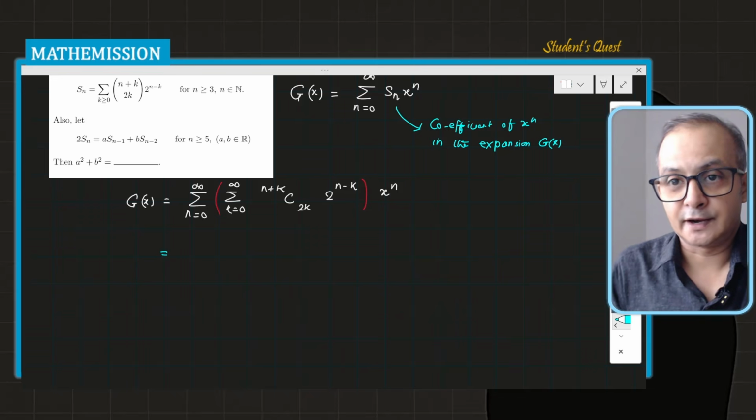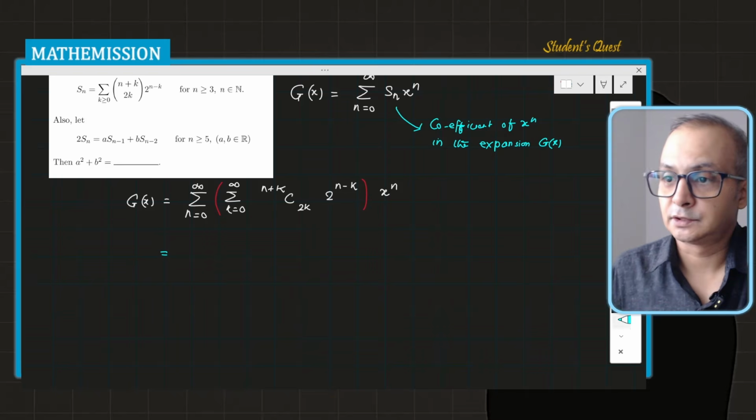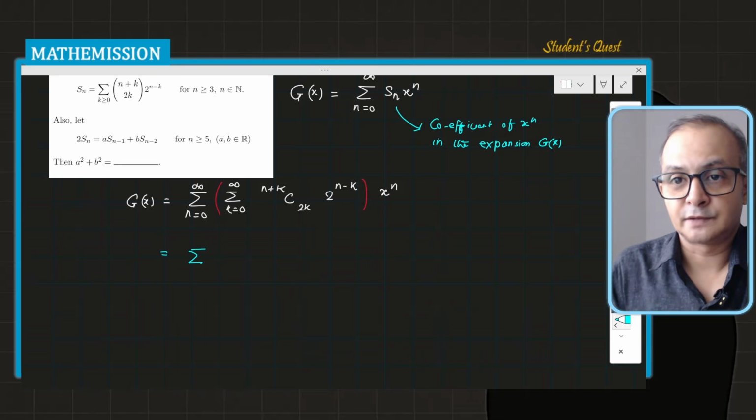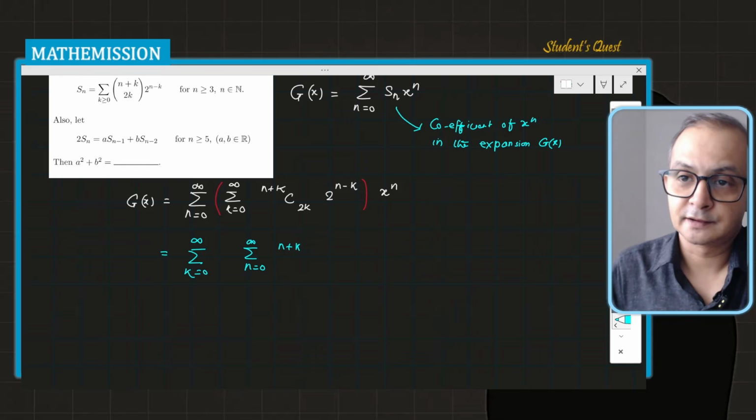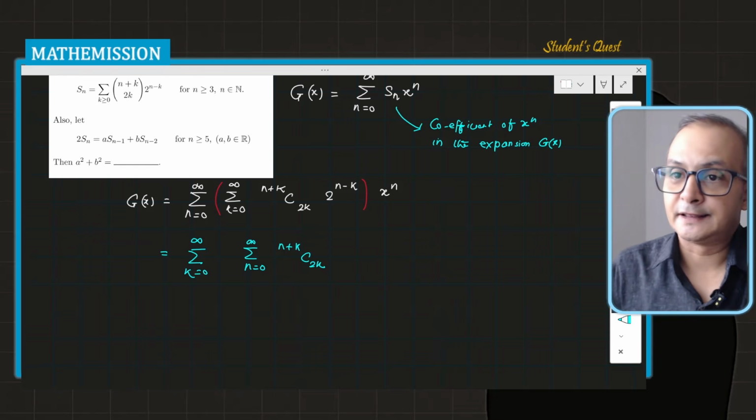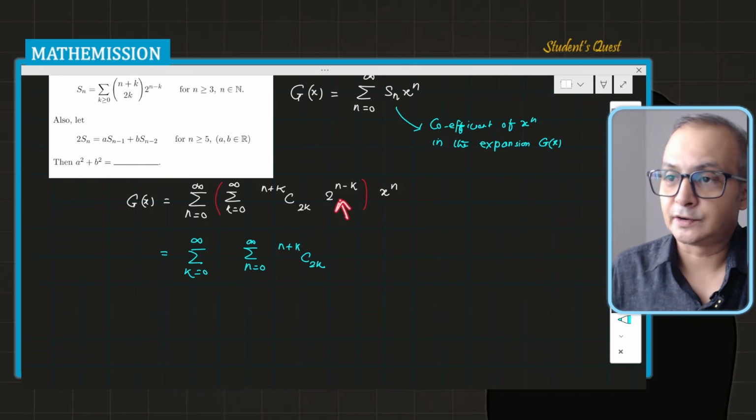So this I can write like this, summation k goes from 0 to infinity. I'm swapping the summation sign, and this is going to be summation n goes from 0 to infinity, and this is (n+k) C 2k.